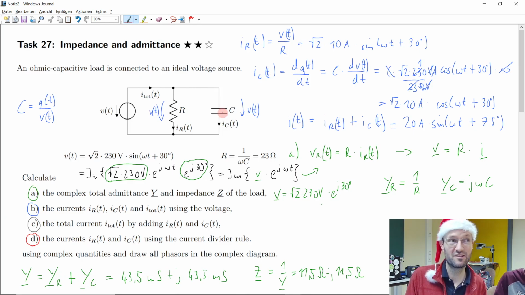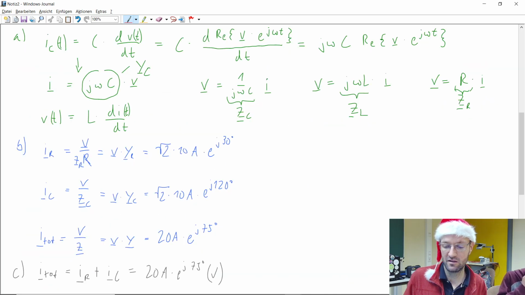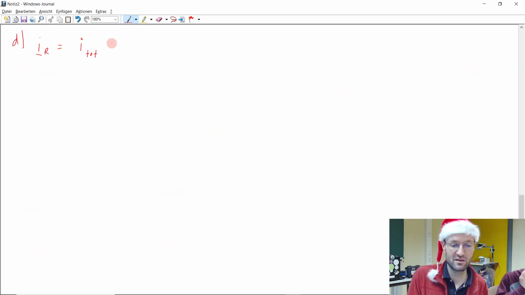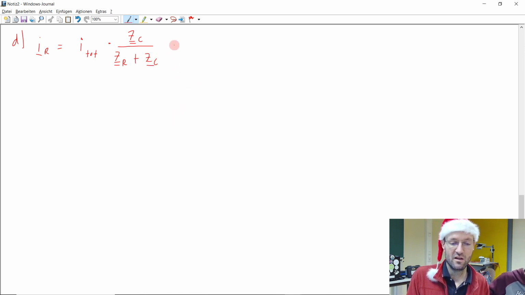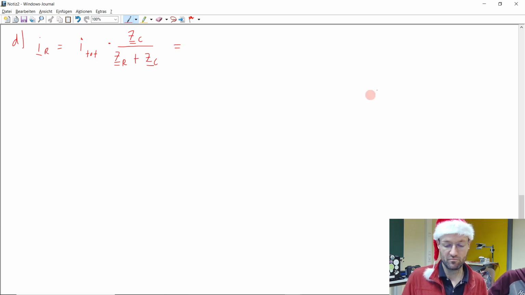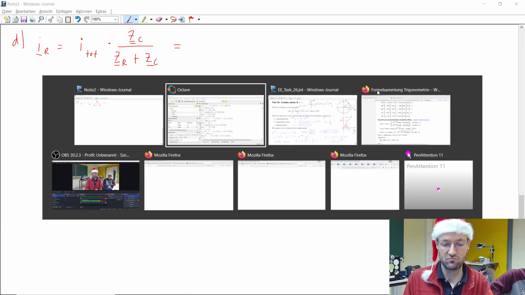We take the resistance, now in this case the impedance of the other branch, divided by the total resistance, or the total impedance in our case of this parallel circuit with respect to this mesh. So the other impedance would be ZC, and the total impedance would be ZR plus ZC.